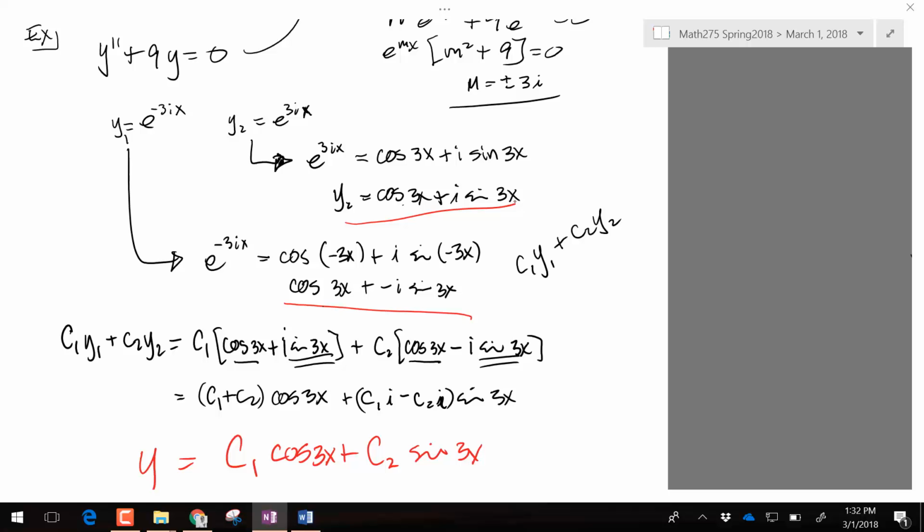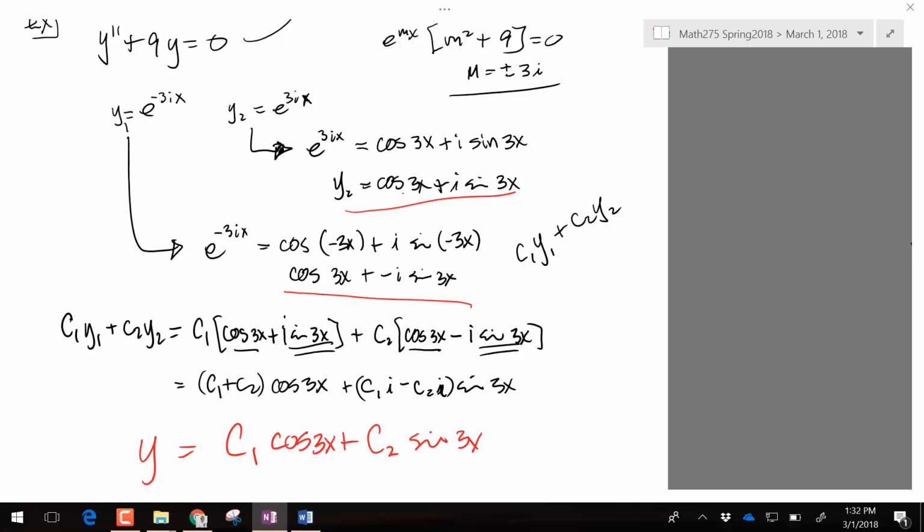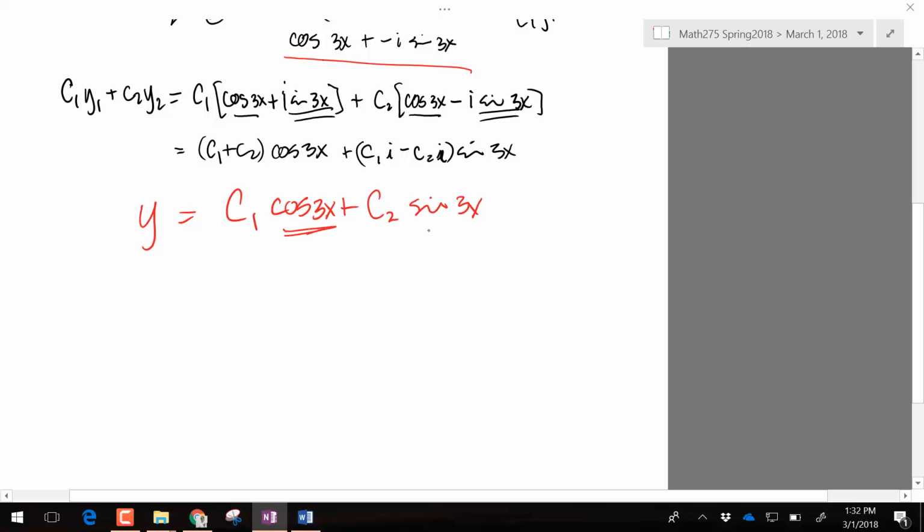But portions of their solutions can be taken out and recombined in a linear combination. You can have a linear combination of those two functions that are actually linearly independent. So cosine 3x and sine 3x are linearly independent, so they can serve as our fundamental solutions.